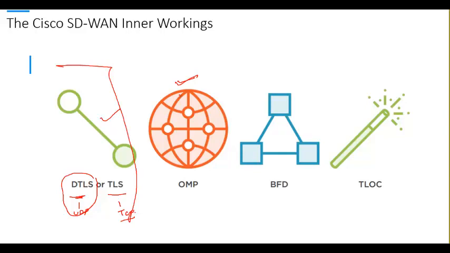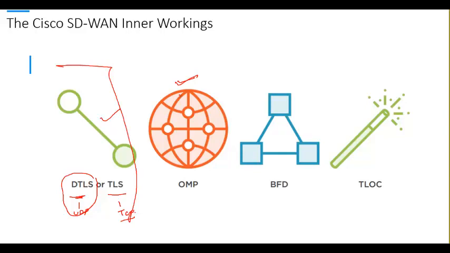Using OMP, the WAN edges advertise this to vSmart, and vSmart decides the network topology based on the access policies. And this OMP is a TCP-based extendable protocol, which is a big umbrella of protocol that can provide you the control plane function for SD-WAN.